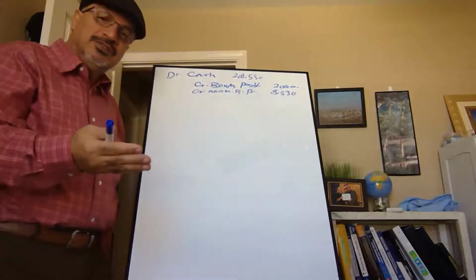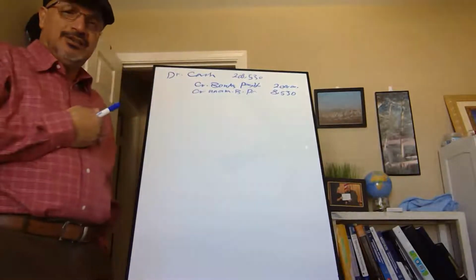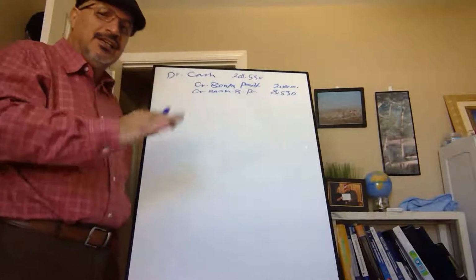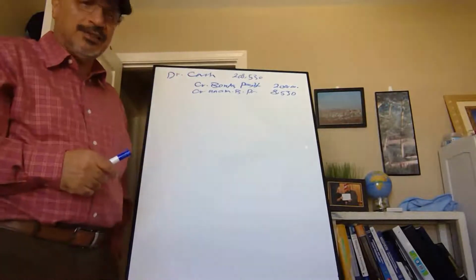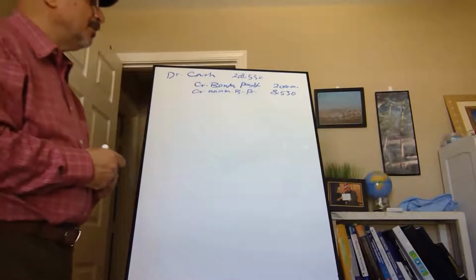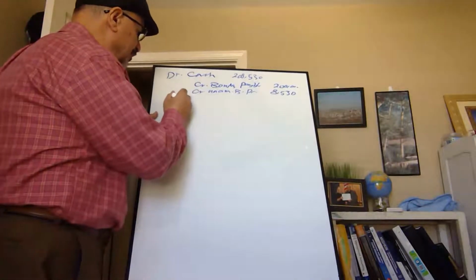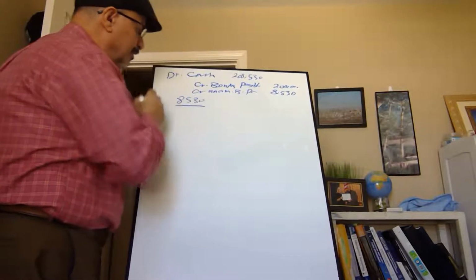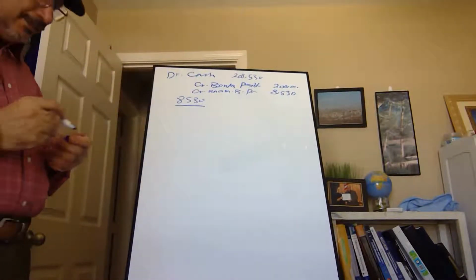The discount will increase our interest expense, and the premium will decrease it a little bit, as we're going to see in a minute. So we have a total premium of 8,530.